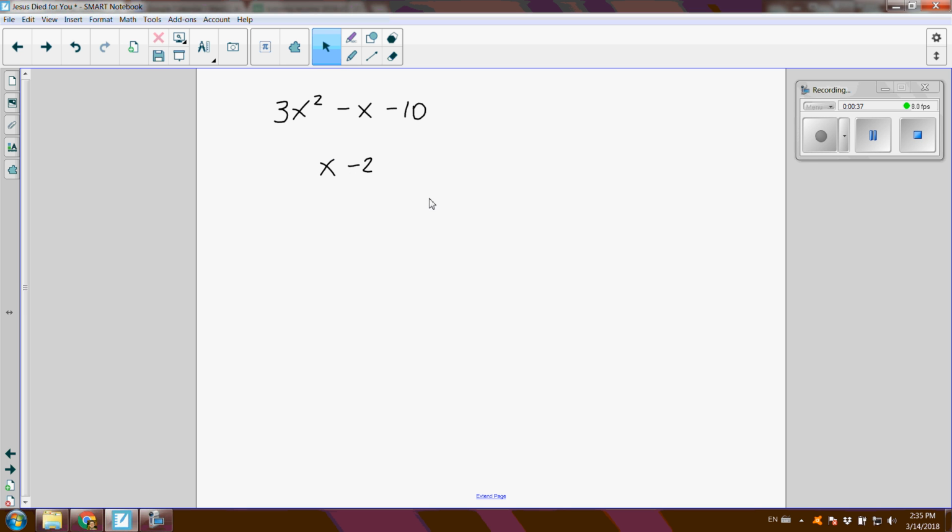Something you learn to do is perform operations with polynomials. We could take these two polynomials and add them, and that's basically just a matter of combining like terms.